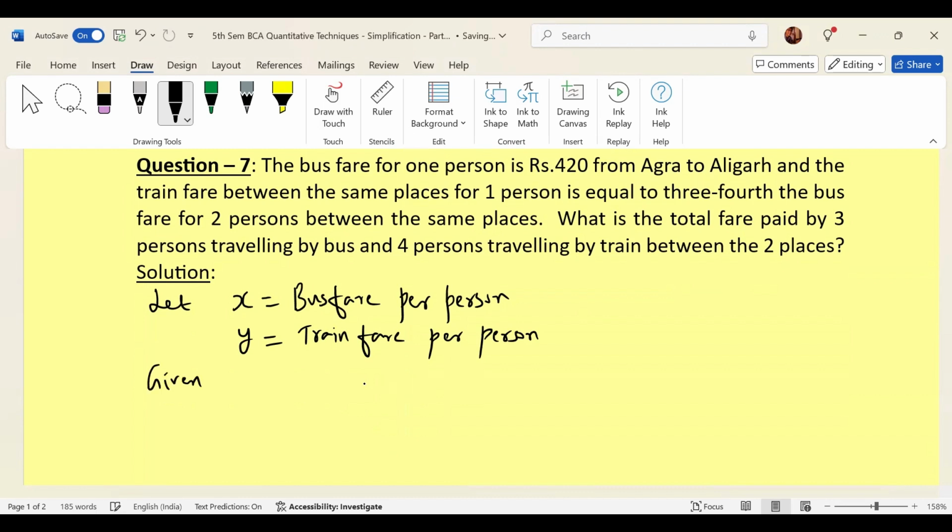Given bus fare for one person is given. So given x is 420. And then they say the train fare between the same places for one person, that is y is equal to 3/4 the bus fare, which is 420 for two persons into 2. So that will work out to rupees 630.